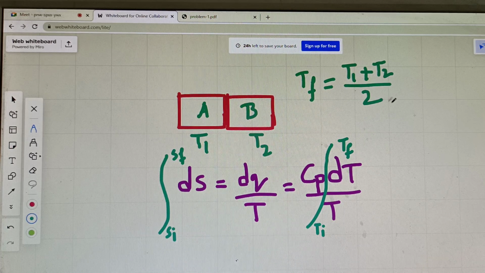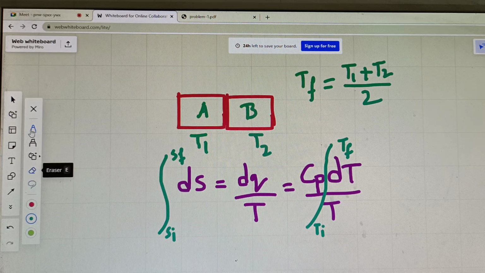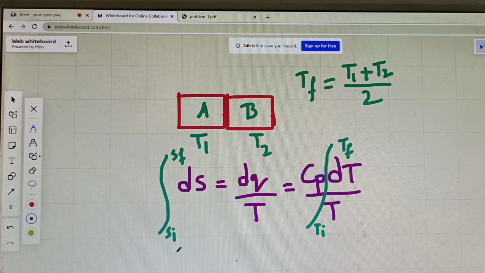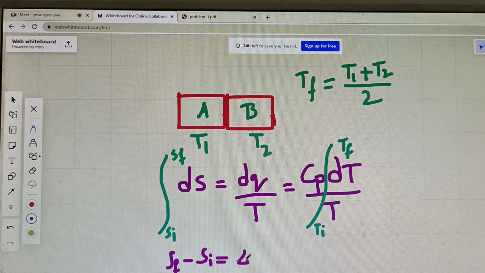We already explained that the final temperature is equal to T1 plus T2 by 2 because the system attains thermal equilibrium. So after integration, what do we get? We get SF minus SI.